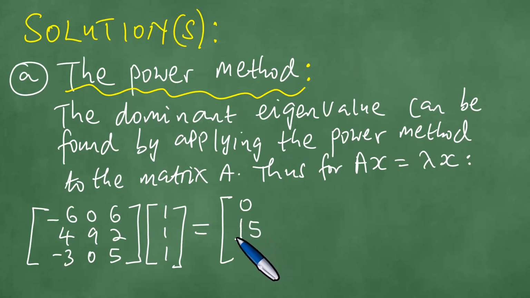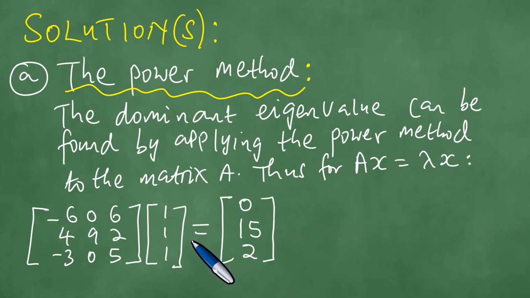So this one gives us 15. The next thing is you do this row by this column multiplication, so that you have minus 3, 0, 5, and this is exactly 2. So we have a 2 here. With this said, what do we then do?